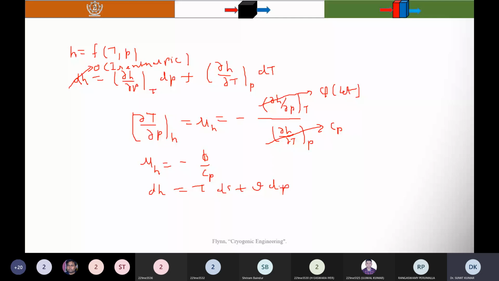Now you can differentiate this with respect to the pressure. So you will get delta H by delta P, here I assume a constant temperature T. And this term, you remember I assumed as phi.